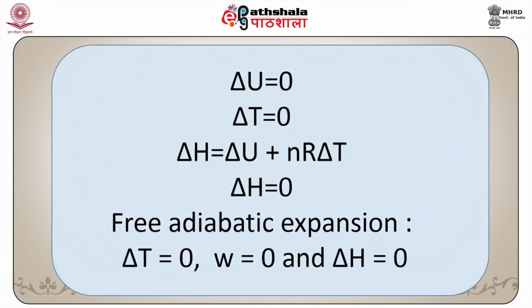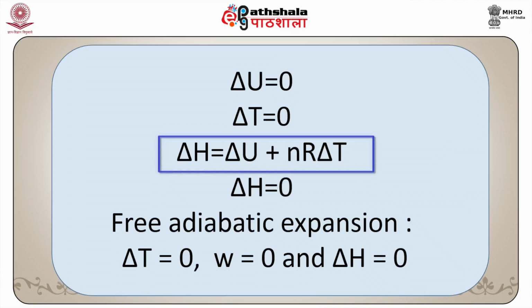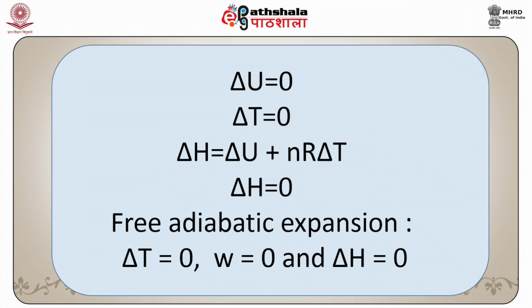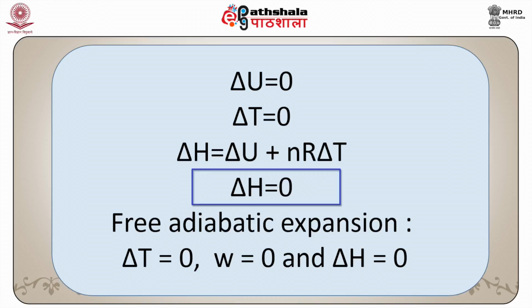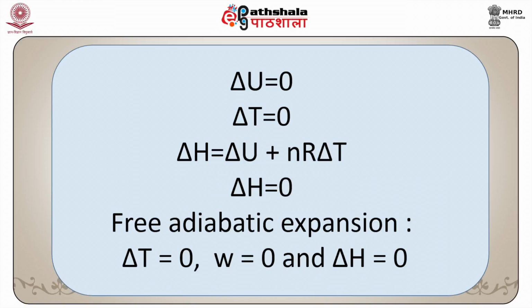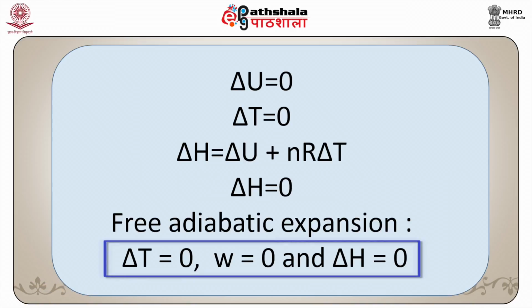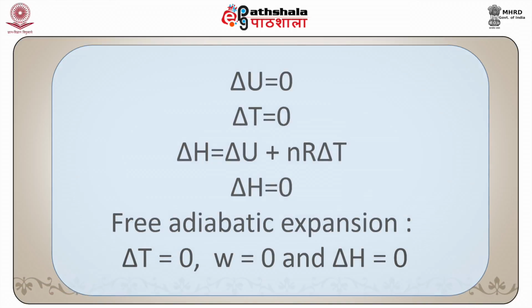Thus, if delta U is 0, then delta T is also 0. The change in enthalpy is given by delta H is equal to delta U plus nR delta T. As delta U and delta T are 0, therefore delta H is also 0. Thus, in a free adiabatic expansion, delta T is equal to 0, W is equal to 0, and hence delta H is equal to 0.